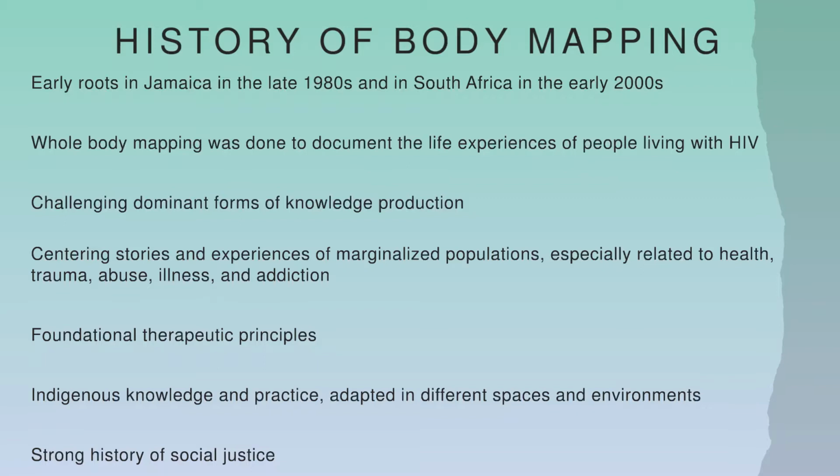The South African body mapping workshops were not necessarily connected to or affiliated with what was going on in Jamaica in the late 1980s, but there are central tenets and ideas that are brought through in terms of the body mapping history. So it really has its established history in the early 2000s in South Africa, where body mapping was done to document the life experiences of people who were living with HIV.